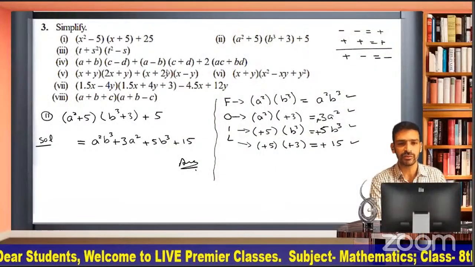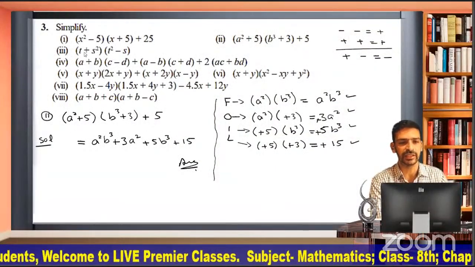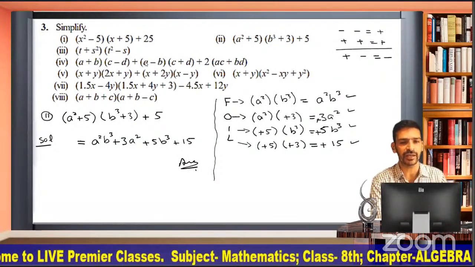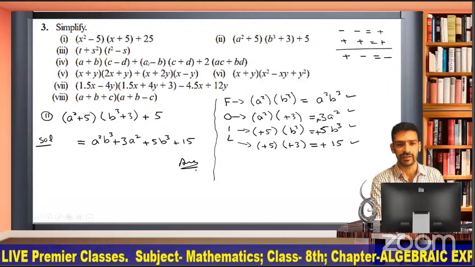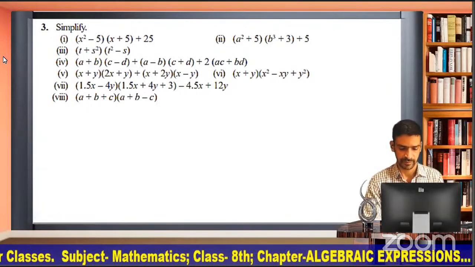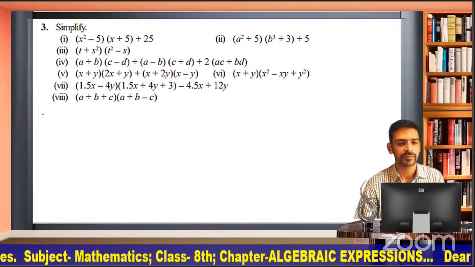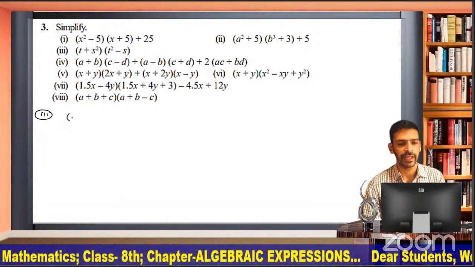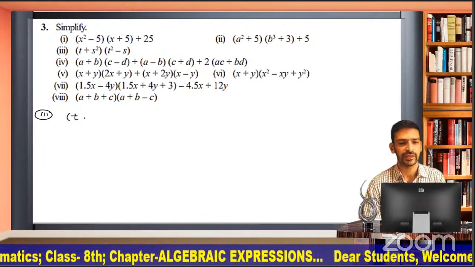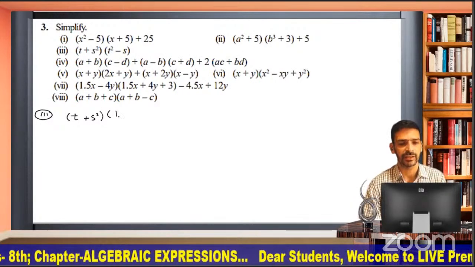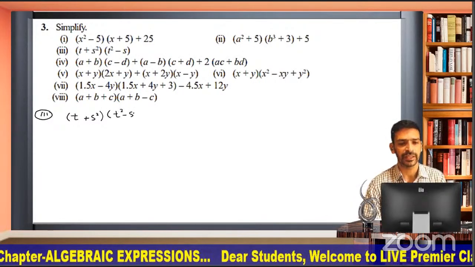Let us move to part 3. ठीक, t plus s square and we have t square minus s. Let us do it on another page. We have part 3 and it is t plus s square and t square minus s.